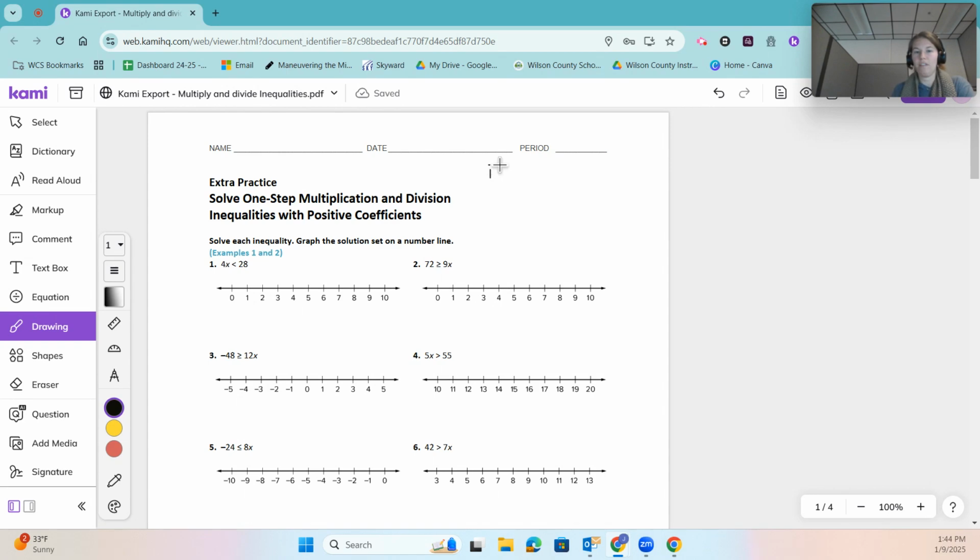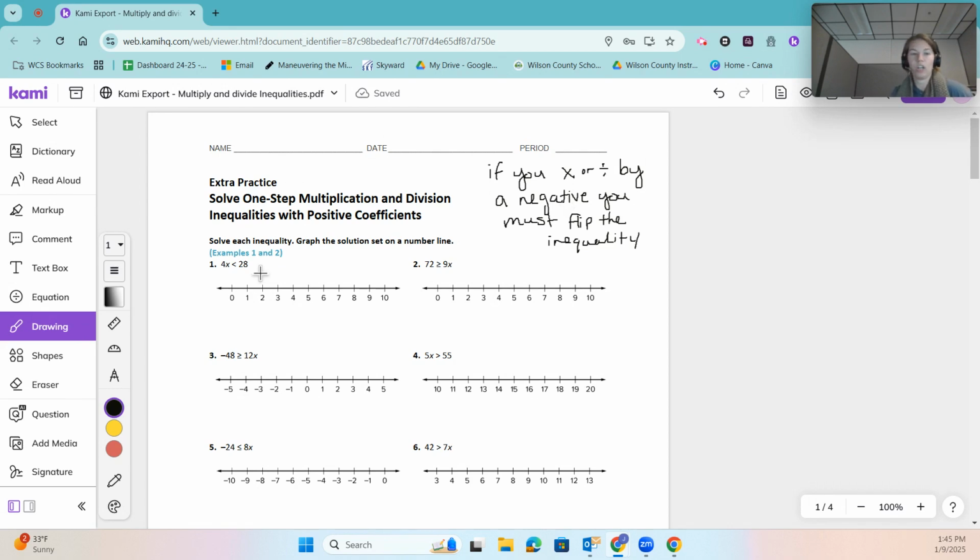If you multiply or divide by a negative, you must flip the inequality. If you don't multiply or divide by a negative, then it stays the same. The only change is if you multiply or divide by a negative in order to solve the problem.